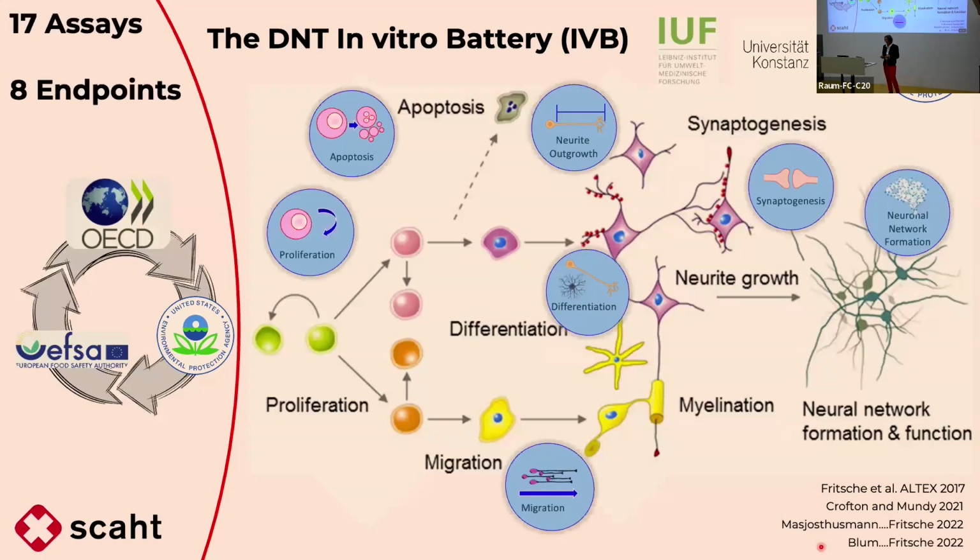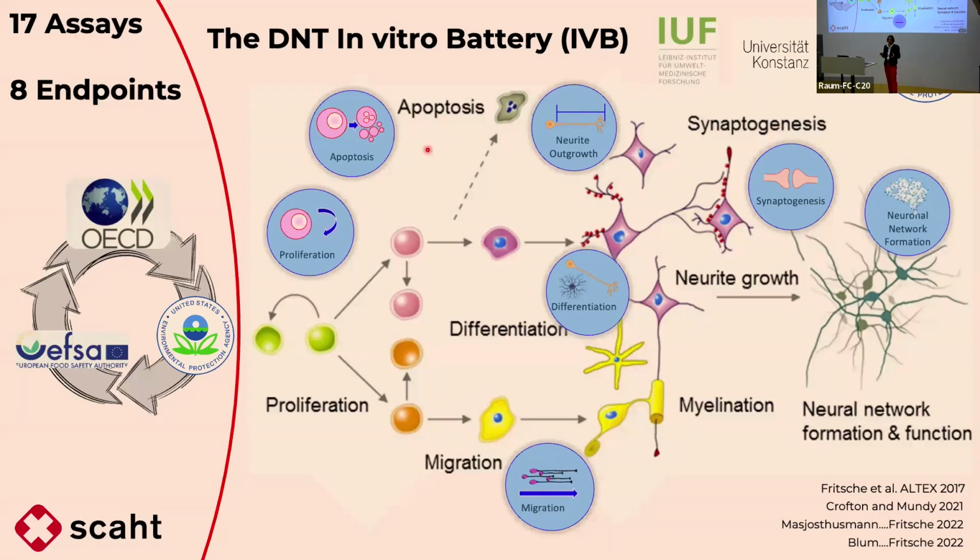And then actually 3 labs, that was the US EPA, Marcel Leist's lab from the University of Constance, and my lab at the IUF, developed assays that cover these neurodevelopmental processes. So basically for each of these processes, you have at least one assay in an in vitro system in the dish.